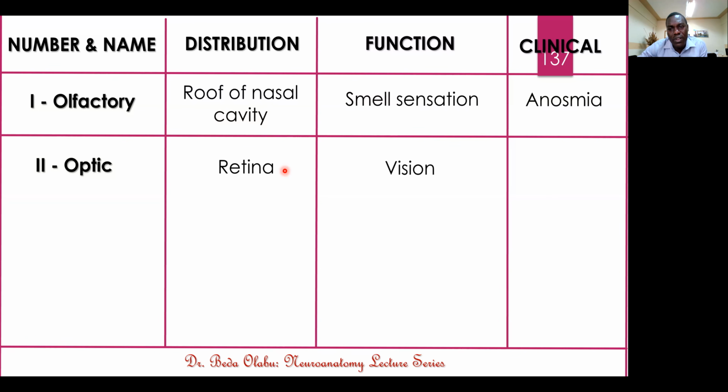I hope you remember the concept of first order, second order, and third order sensory neurons. We elaborated on that during our introduction to neuroanatomy. If you injure the optic nerve for some reason, then you lose vision, and that's what we call anopia. I know you want to call it blindness, but let's call it anopia to be medically correct.